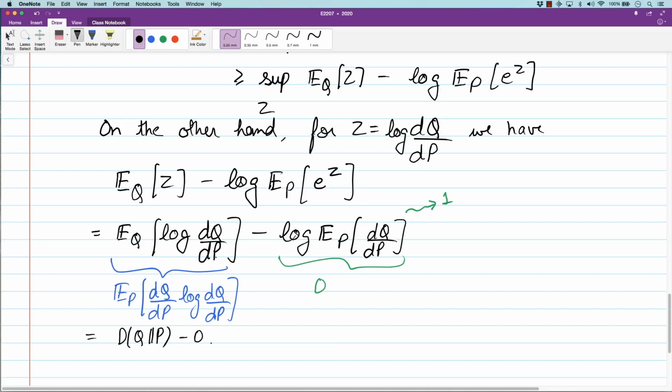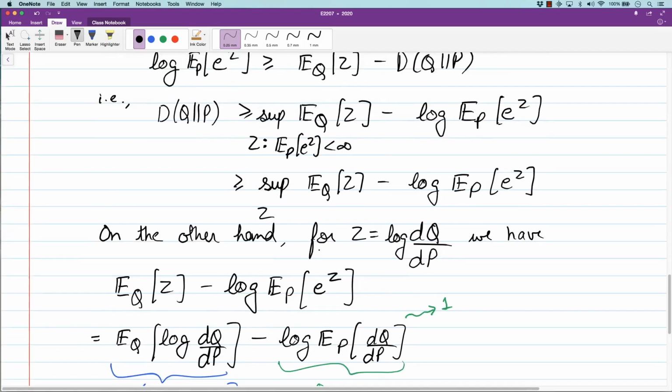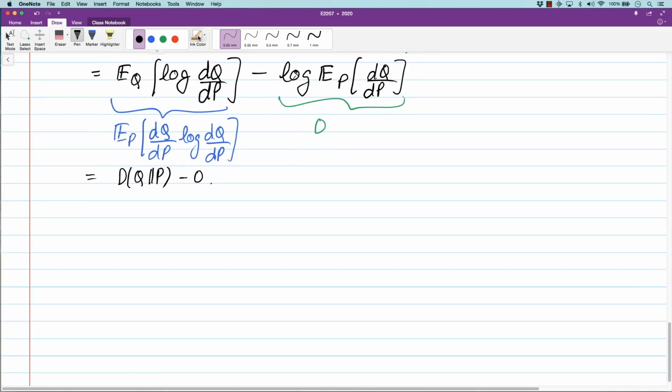Okay, so there is indeed a random variable for which we get D(Q||P) for the right side. So in fact, this inequality actually holds with equality because there's something here for which this is equal to this.